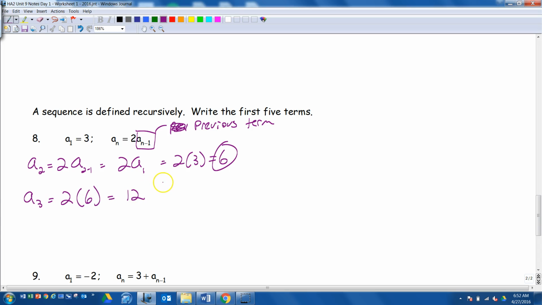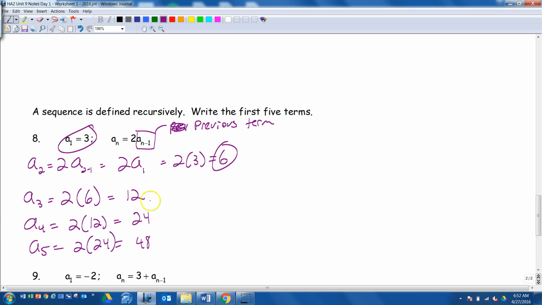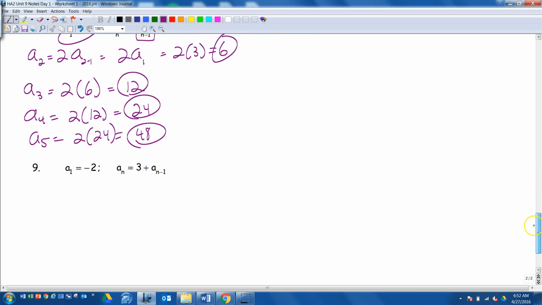We get 12. Then for a sub 4, we're going to take 2 times the third term and get 24. And a sub 5, we're going to take 2 times the previous term and get 48. So those are the 5 terms. 1, 2, 3, 4, 5. So when you see that, that's a recursive.